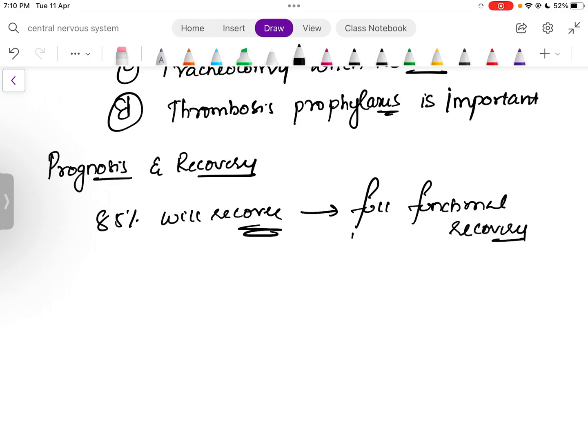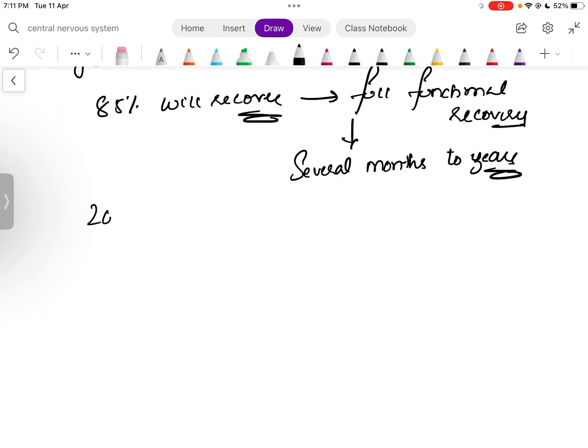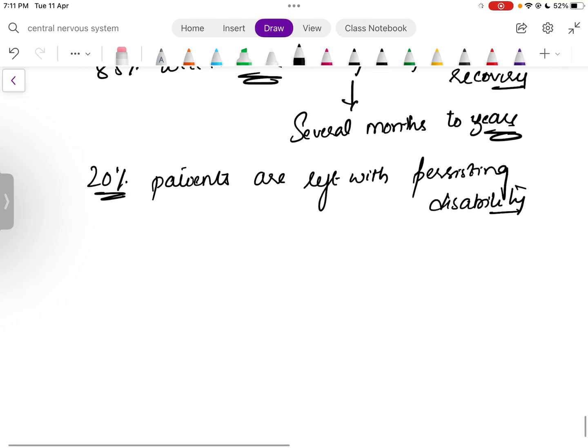Some patients won't recover quickly, and this recovery will take several months to years. And 20% of patients are left with persisting disability. That motor weakness will stay like that only.